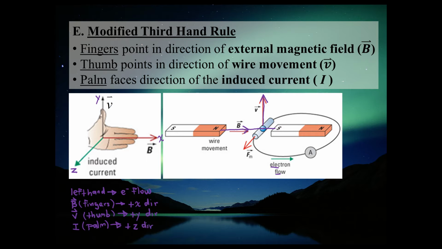So this electron, by the way, in an actual circuit, you'd have tons of electrons just stacked side by side by side. If we look at this one electron in the magnetic field here, the direction of induced electron flow, e negative, would be in the positive Z direction.